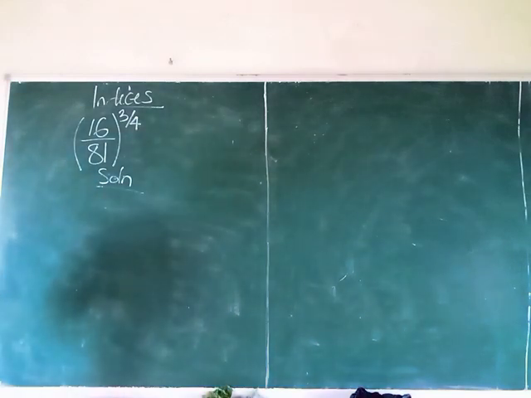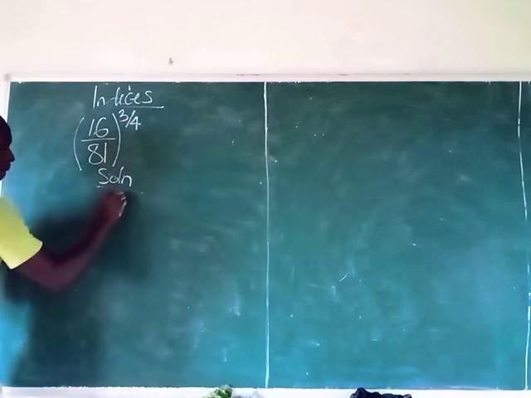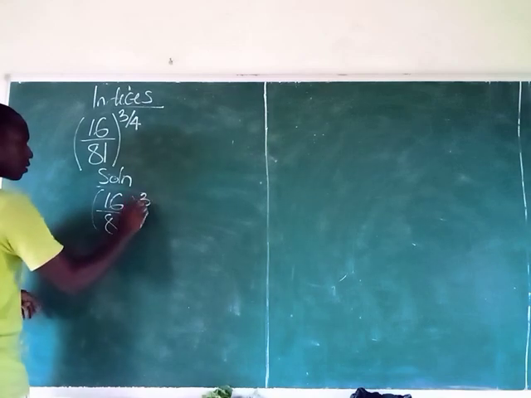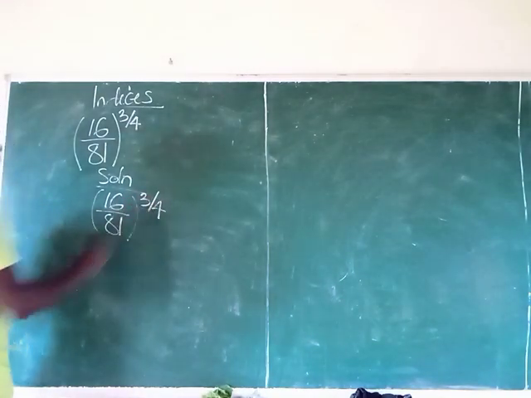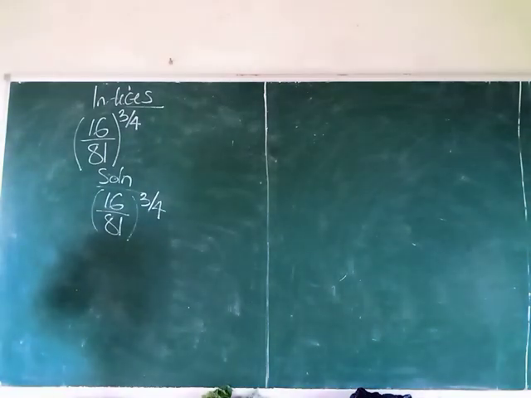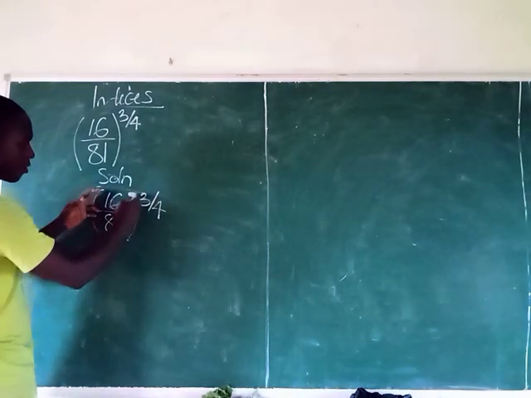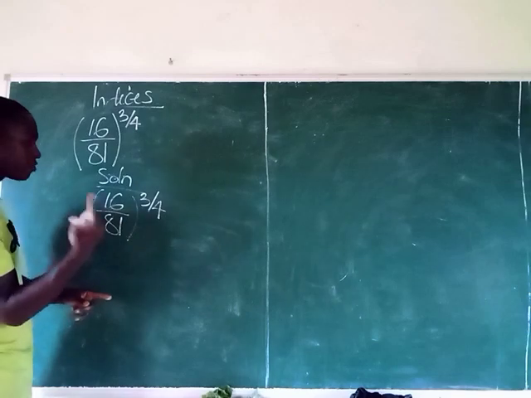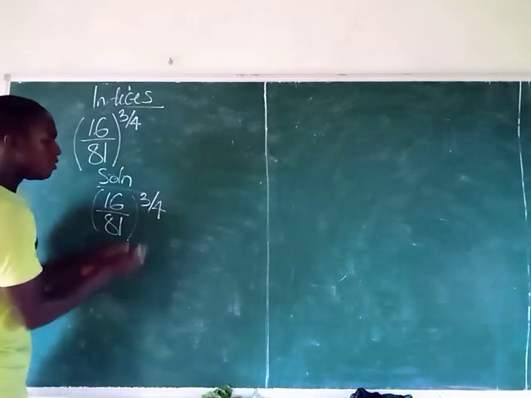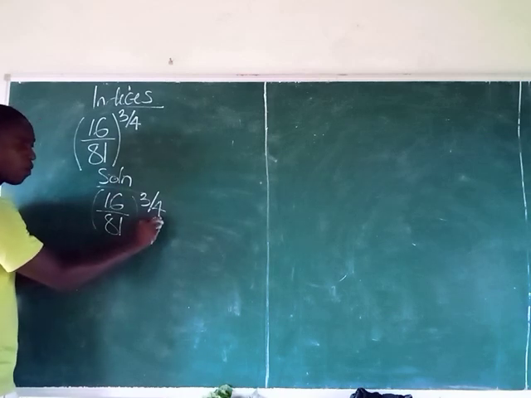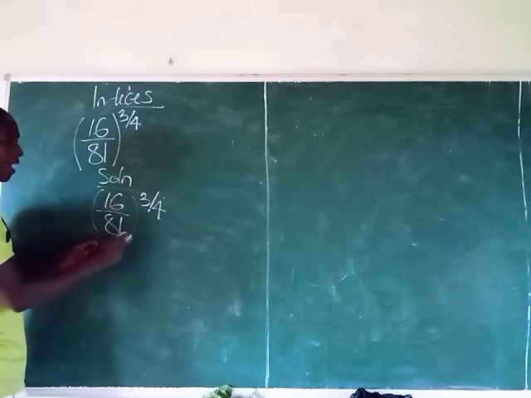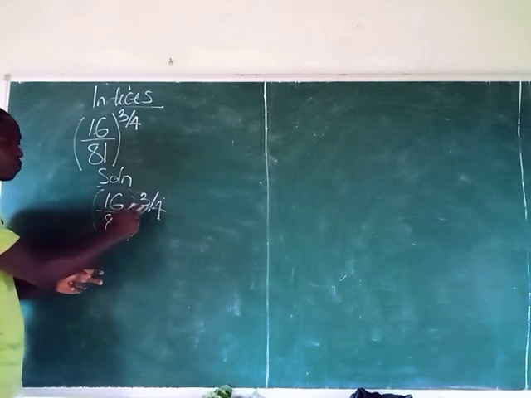Okay, so we have 16 over 81 raised to the power of 3 over 4. Now watch. The fractional index law says that when we have a number being raised to a fraction, that is, the index is a fraction, we take the root given by the denominator and raise the number to the power of the numerator.